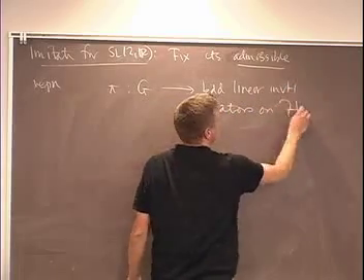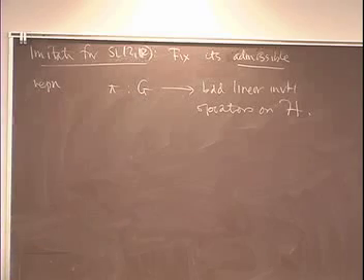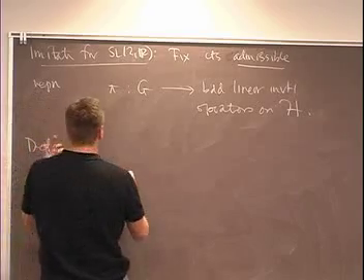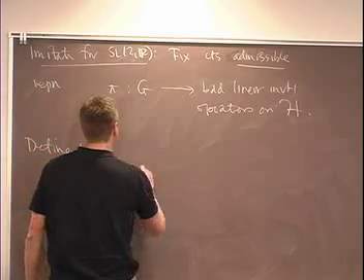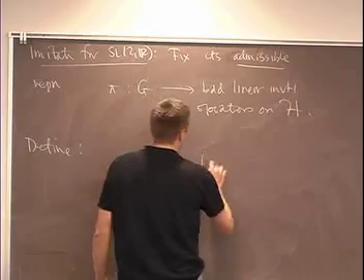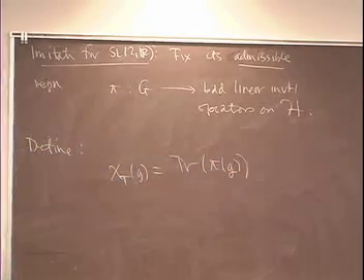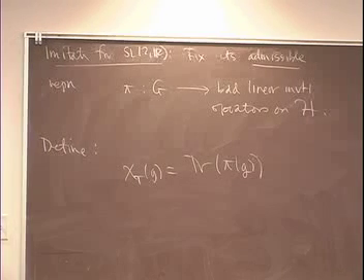Why don't we fix a Hilbert space H. And so we just define the character of pi to be the trace of this bounded linear invertible operator on H.